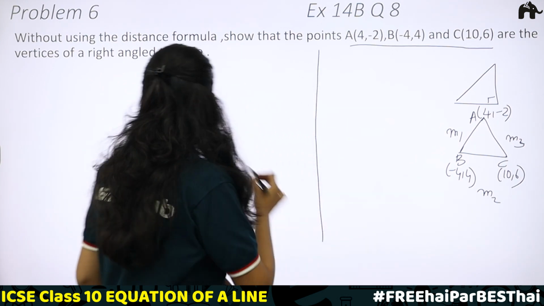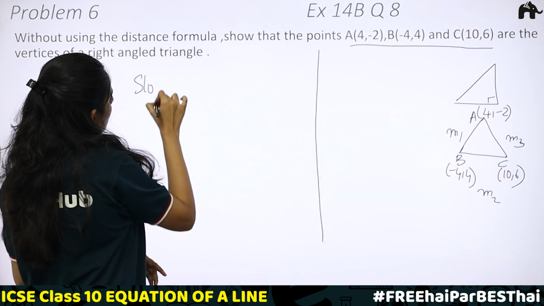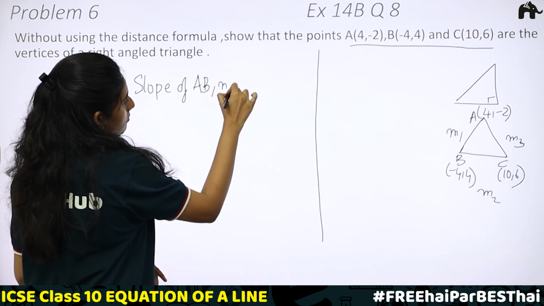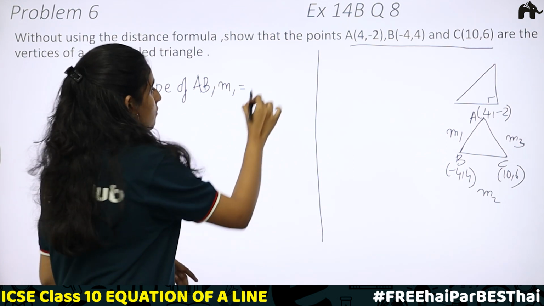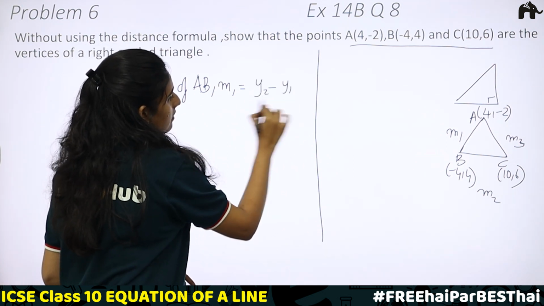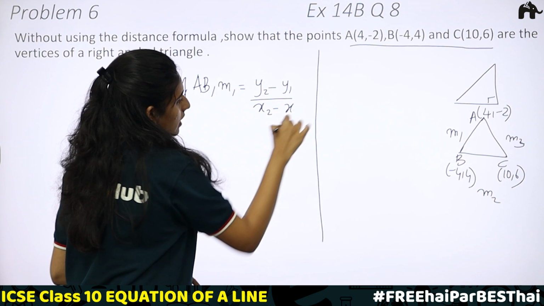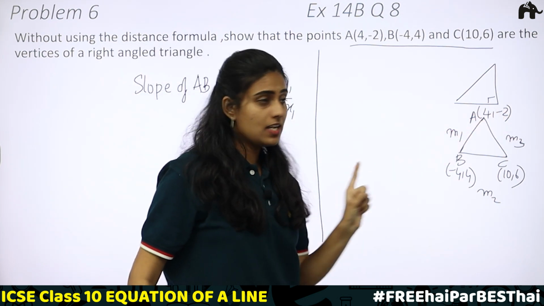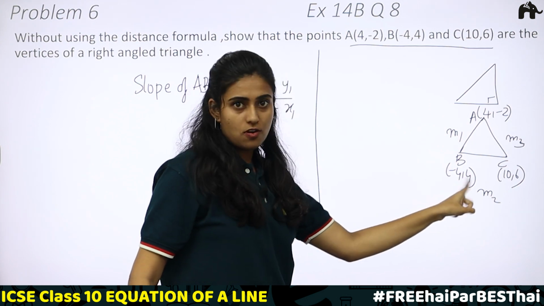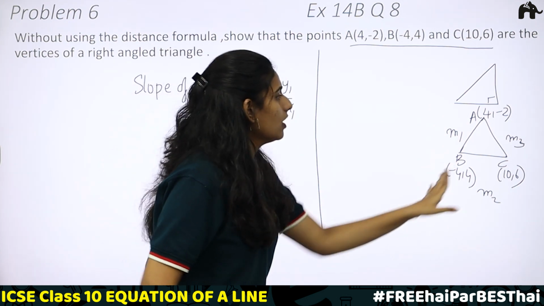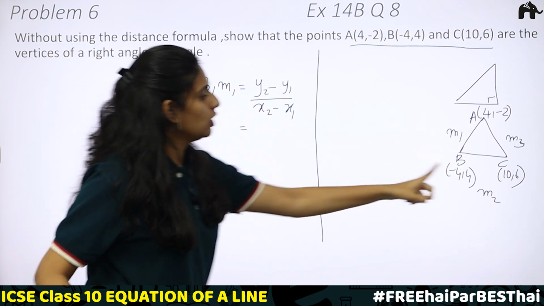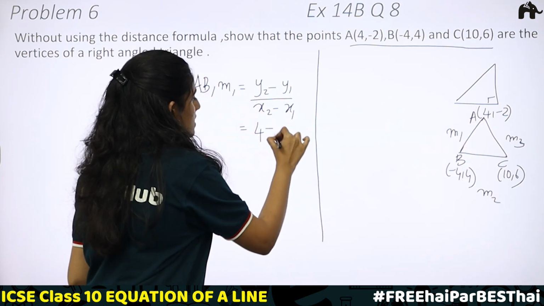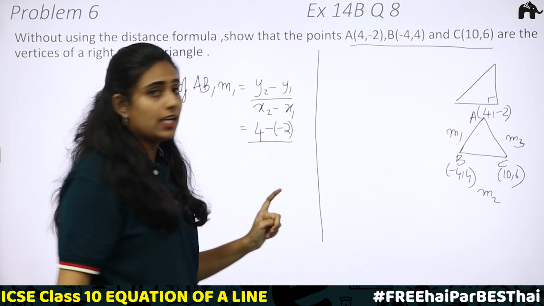Okay. First, let us find the slope of AB, which is M1 is equal to y2 minus y1 divided by x2 minus x1. Here we are taking these 2 points as x1, y1 and these 2 points as x2, y2. Okay, what are the coordinates? y2 is 4 and y1 is minus 2. 4 minus of minus 2 divided by x2 minus x1.